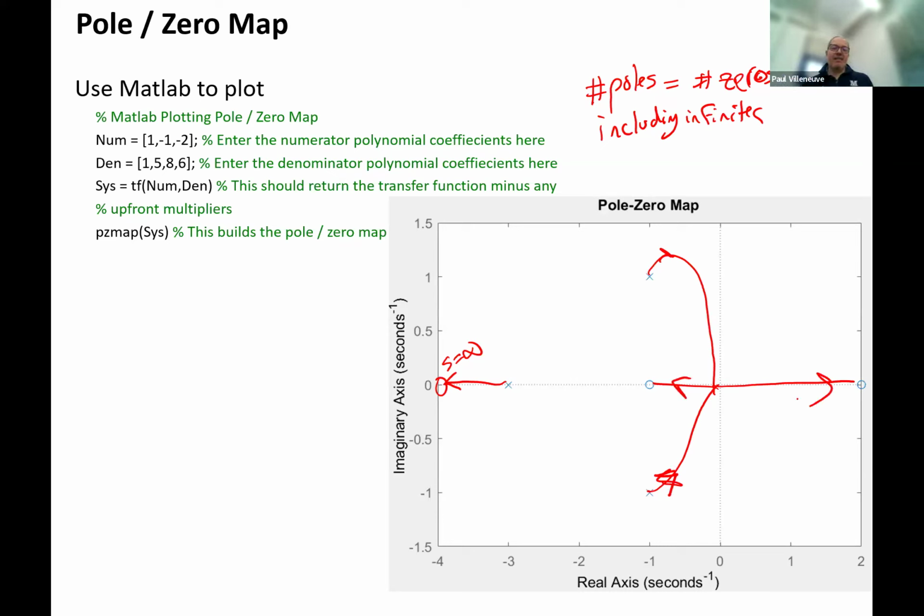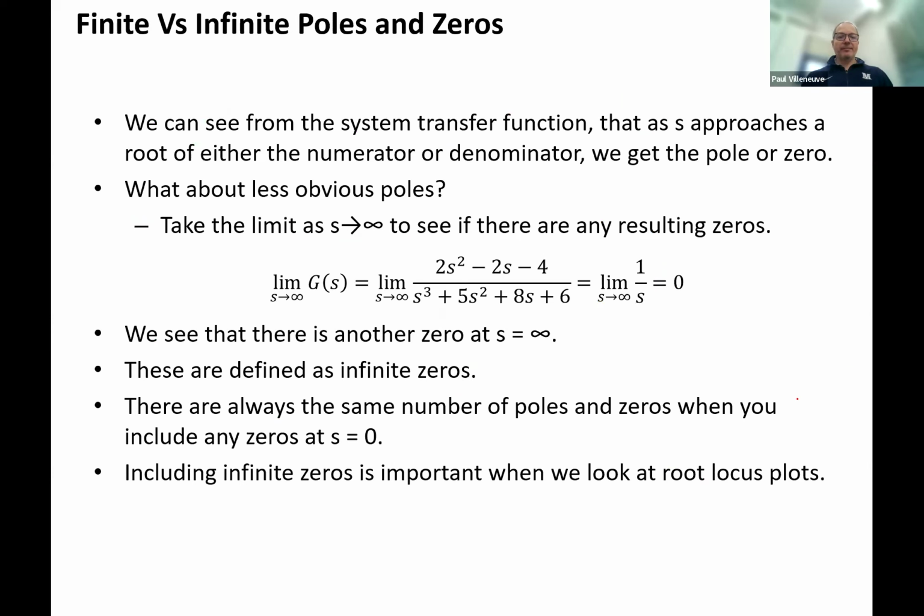So if we didn't have that zero at s equals infinity, how could we ever end at a zero if we never had a zero to end at? If we only include the finite ones, we only have 3 poles and 2 zeros, so we're short one. But in reality, we have that third zero at s equals infinity, so we can do something for root locus. So that's a sneak peek at when we look at root locus.